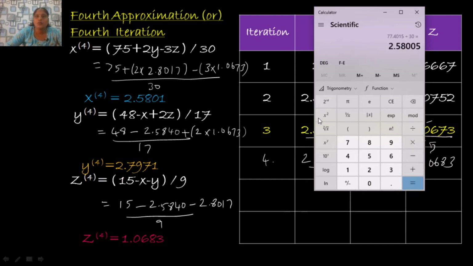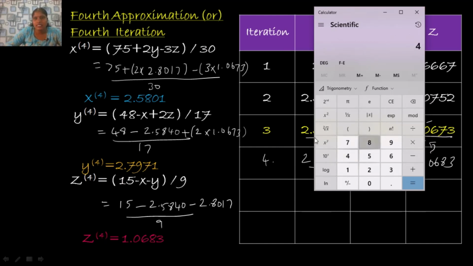You have 2.58005. Here we have to take up to 4 decimal places. So 2.5800, and in the fifth decimal we have 5, so add 1 to the previous decimal, so 2.5801.